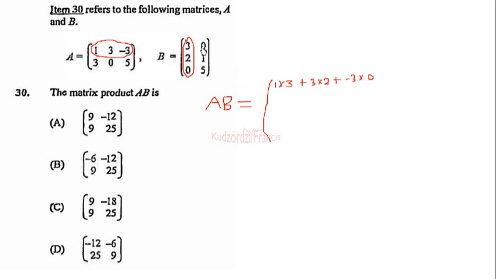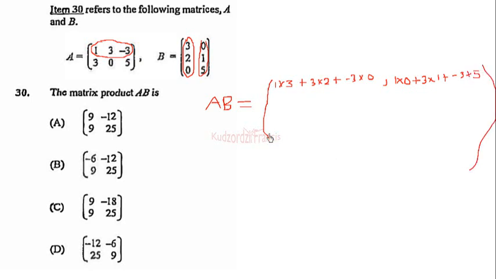Then we come to the first row by second column now. Are we doing the right thing? Yes, of course. That is the correct thing we are doing. So we get 1 times 0 plus 3 times 1, then plus negative 3 times 5.